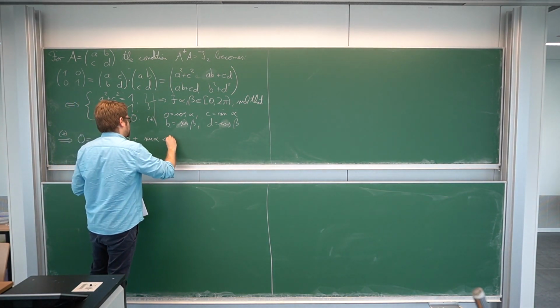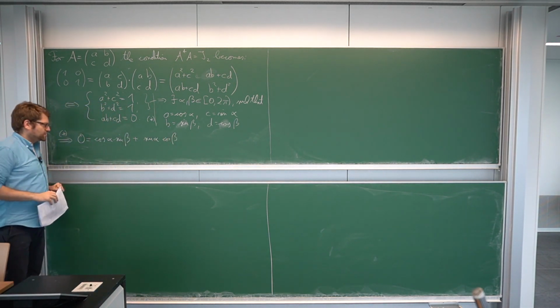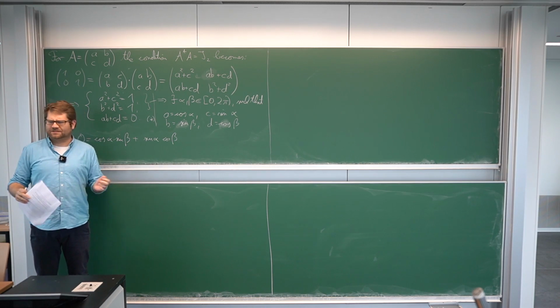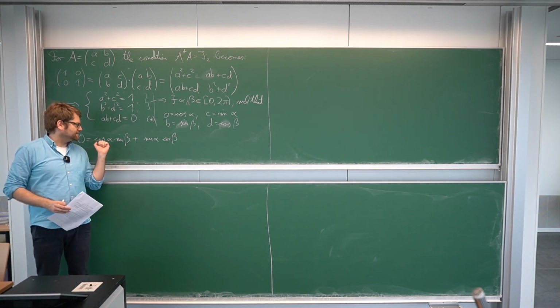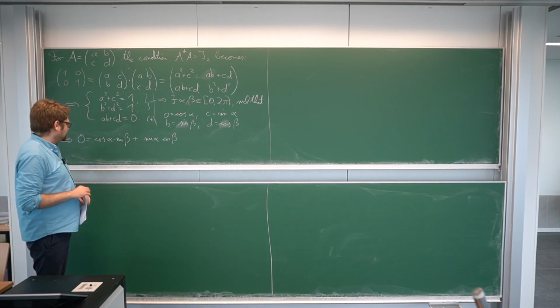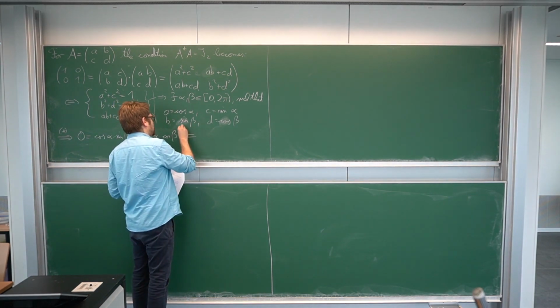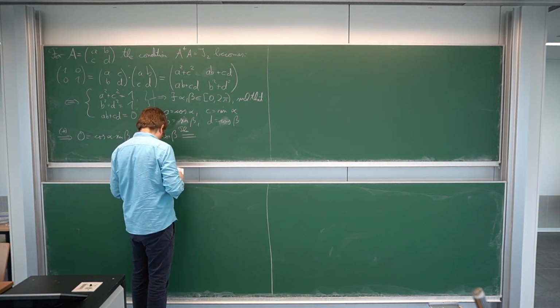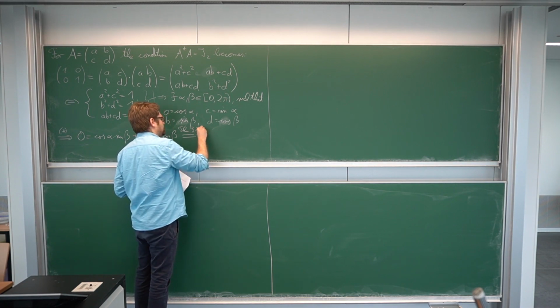times cosine beta. Now, to anyone who was in my course last semester, I would now ask, and basically to anyone, I would ask, does this look familiar? This is the addition theorem, the theorem about sums of angles for the sine and the cosine. That's a famous property. Namely, this was last semester in theorem 378.